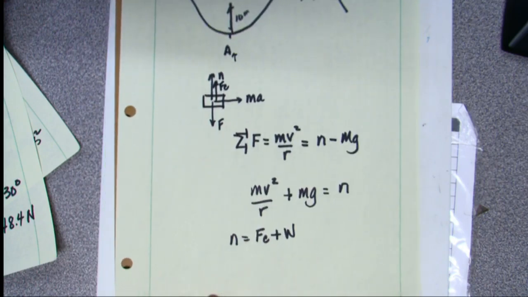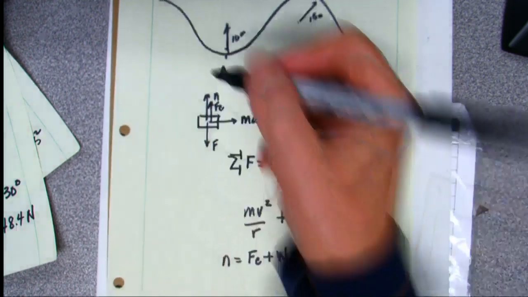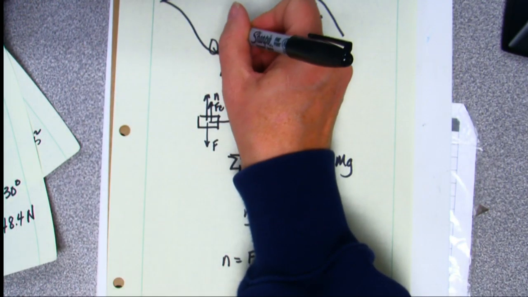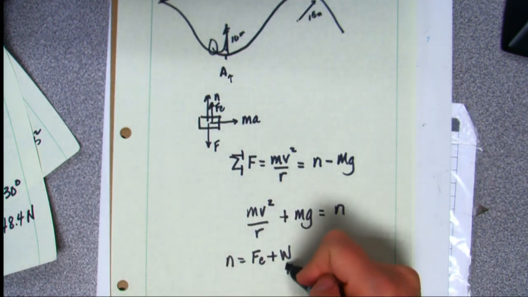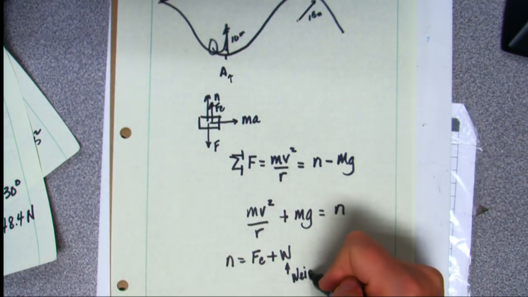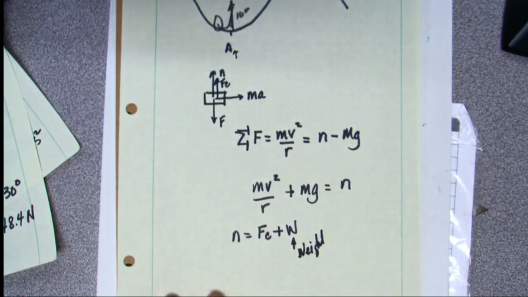It's another way of looking at it. Because remember, if I'm going around a circle, the force is going to be towards the center. That's just weight. So that's just another way of setting up your balance equation.